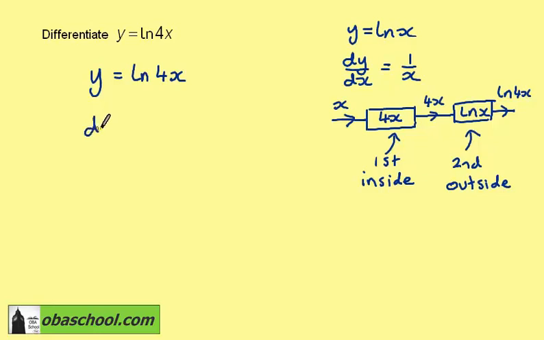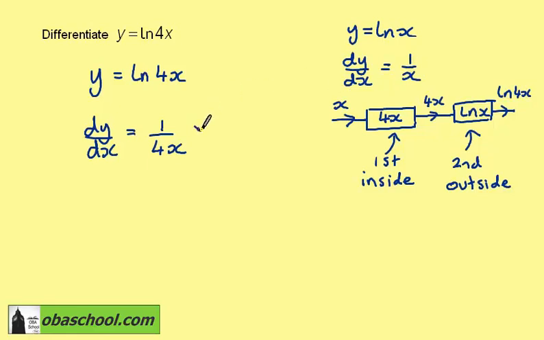So now if we differentiate, dy/dx is going to be: differentiate this function as if the inside function 4x is just x. So we get 1 over 4x. We're just applying this using the whole of the inside function.